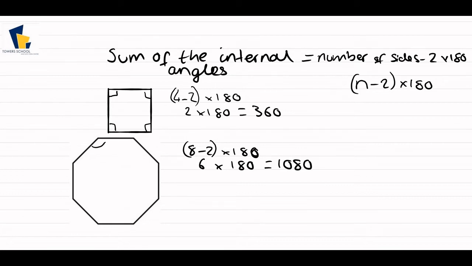So all the internal angles inside this octagon are going to add up to 1080 degrees. So let's have a look at finding what one of these angles would be equal to. But make sure you have all these diagrams in your books.